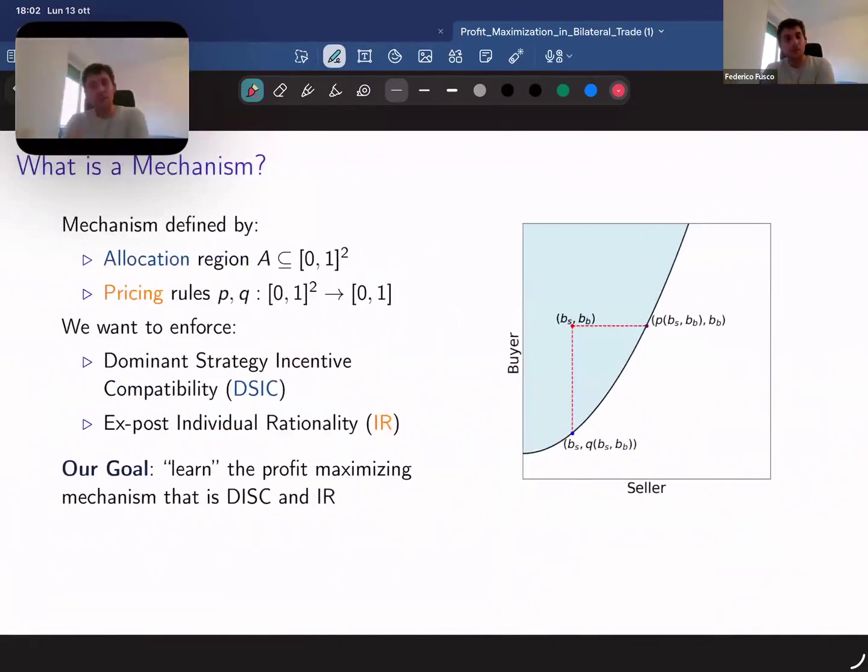Okay, here. One could think: what if instead of dominant strategy incentive compatibility, I only have BIC? This is Bayesian incentive compatibility, meaning that truth telling in expectation is the best thing to do. In expectation with respect to what?